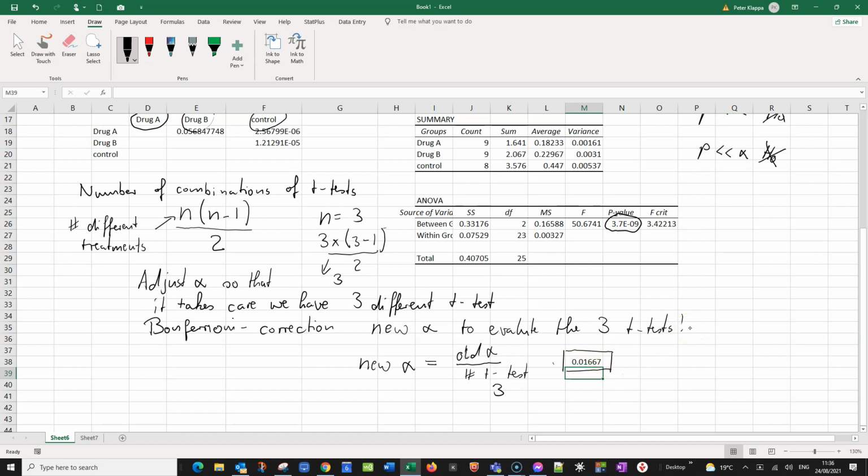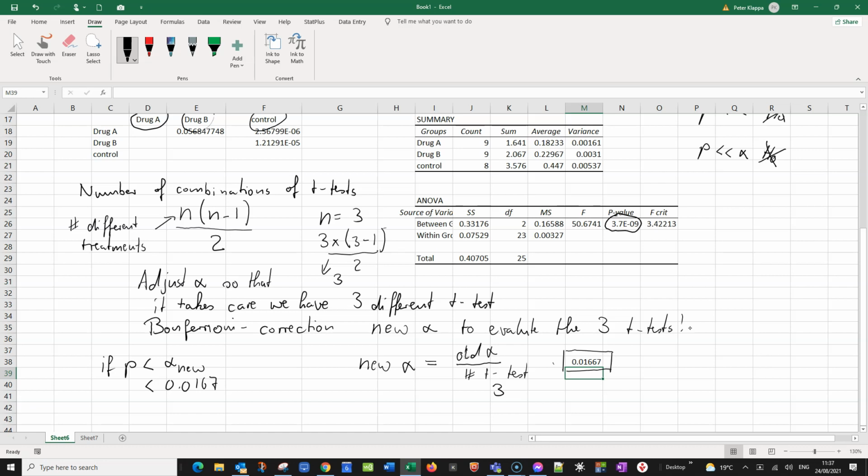So we now say if p is smaller than the new alpha, 0.0167, then we reject the null hypothesis.